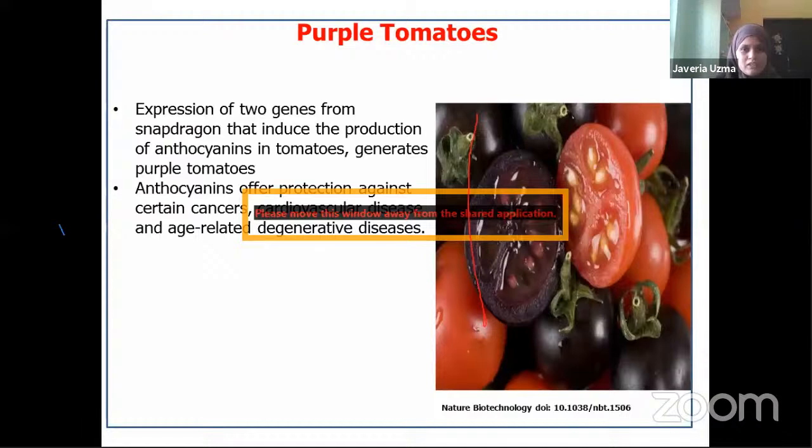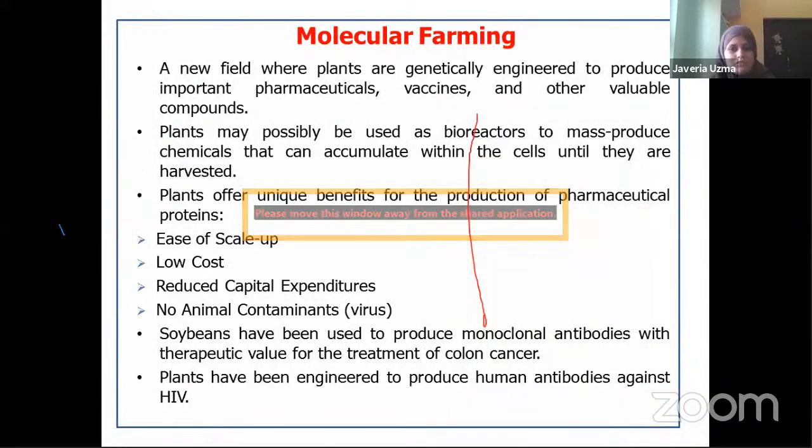Then the another application is molecular farming, where you produce many important valuable compounds like pharmaceuticals and vaccines using plants, using transgenic technology. So plants may possibly be used as bioreactors.